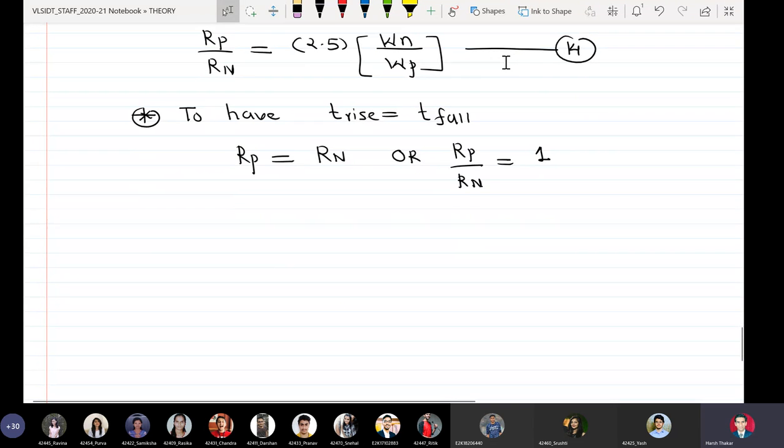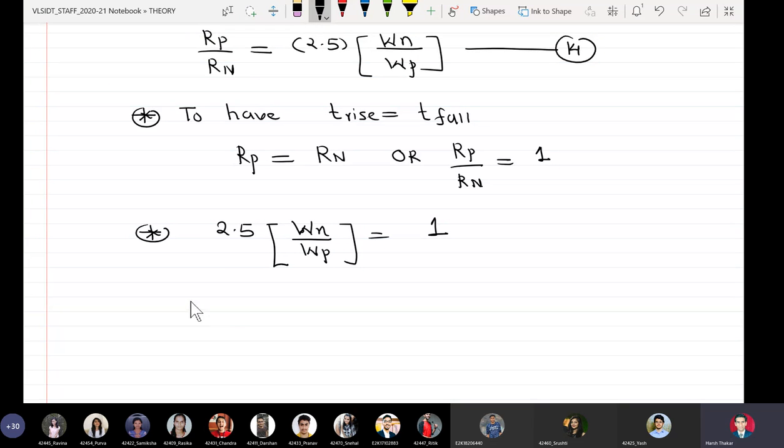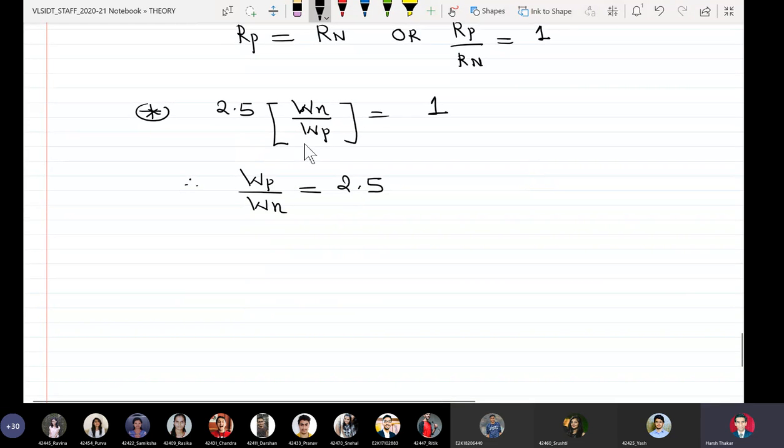So equating equation number 14 to 1, what we get is 2.5 times Wn upon Wp equal to 1. Therefore Wp by Wn should be equal to 2.5. Okay, so this is our conclusion.